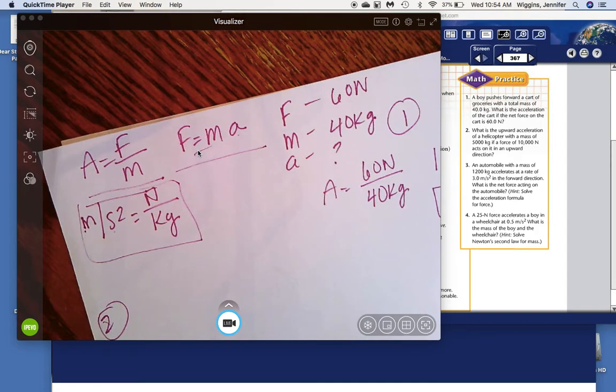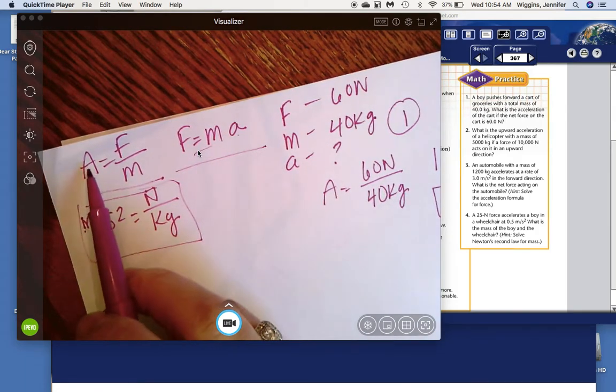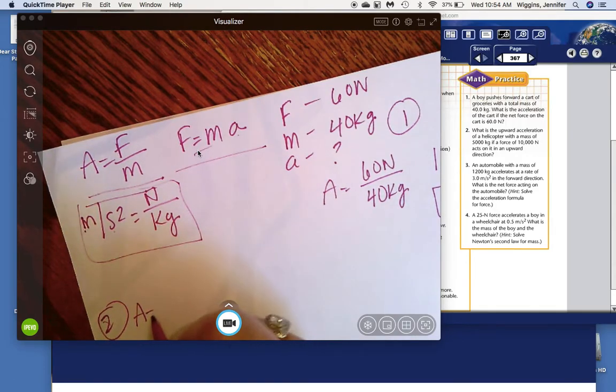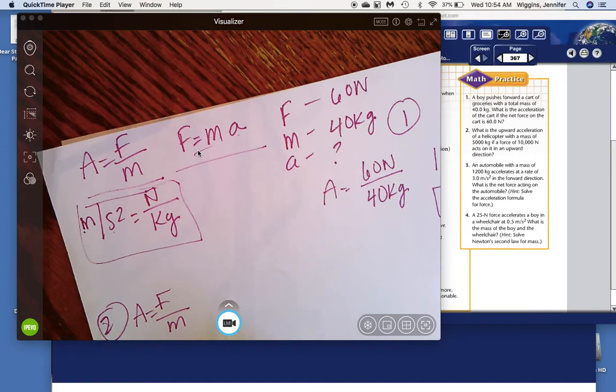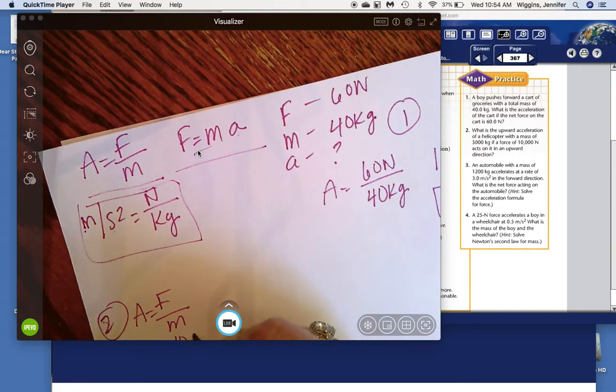I am looking for acceleration, so I'm going to use this one right here: acceleration equals force over mass. My force is 10,000 newtons. My mass is 5,000 kilograms.